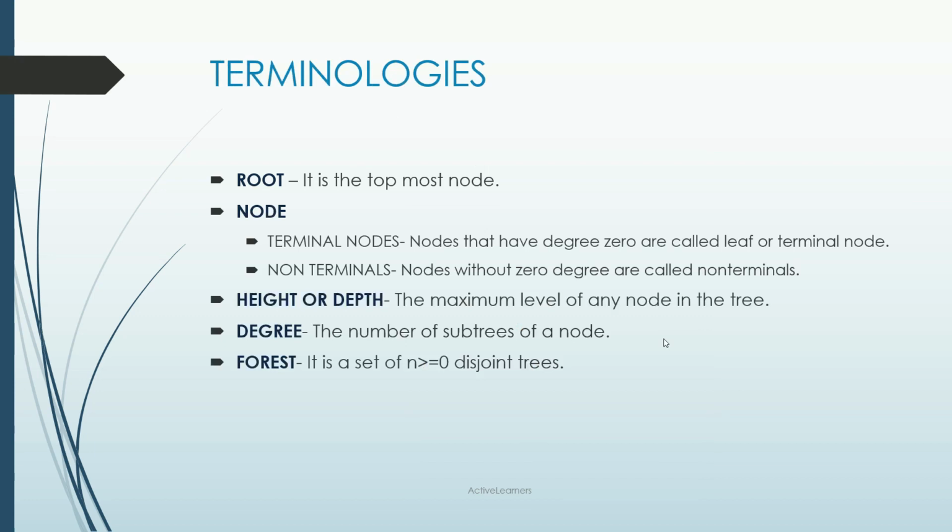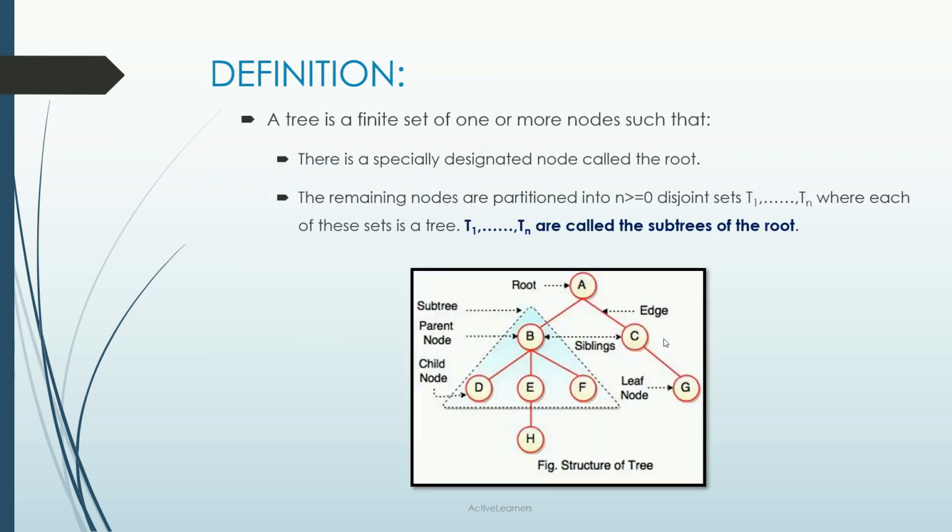And the next one is the height or depth of the tree. Height or depth of the tree can be defined as the maximum level of any node in the tree. Now consider the height of this tree.